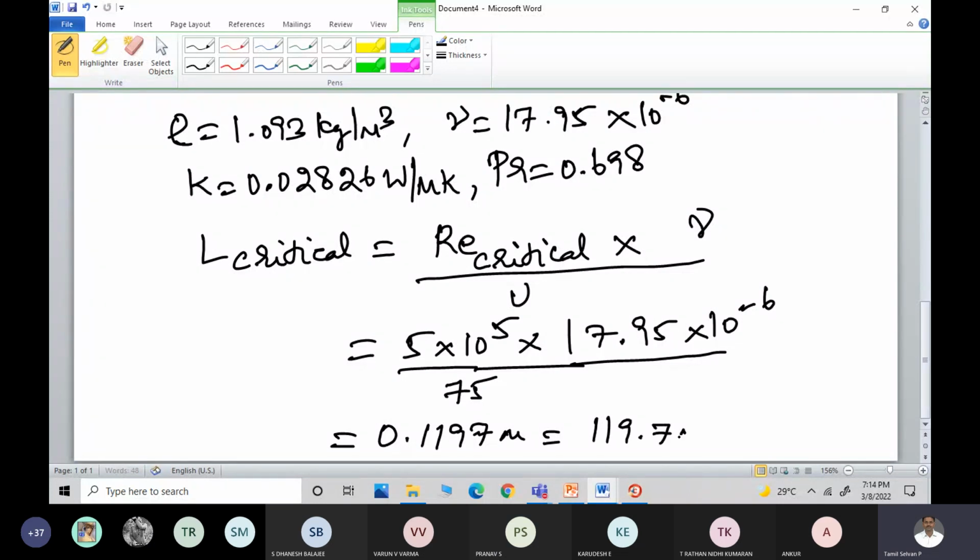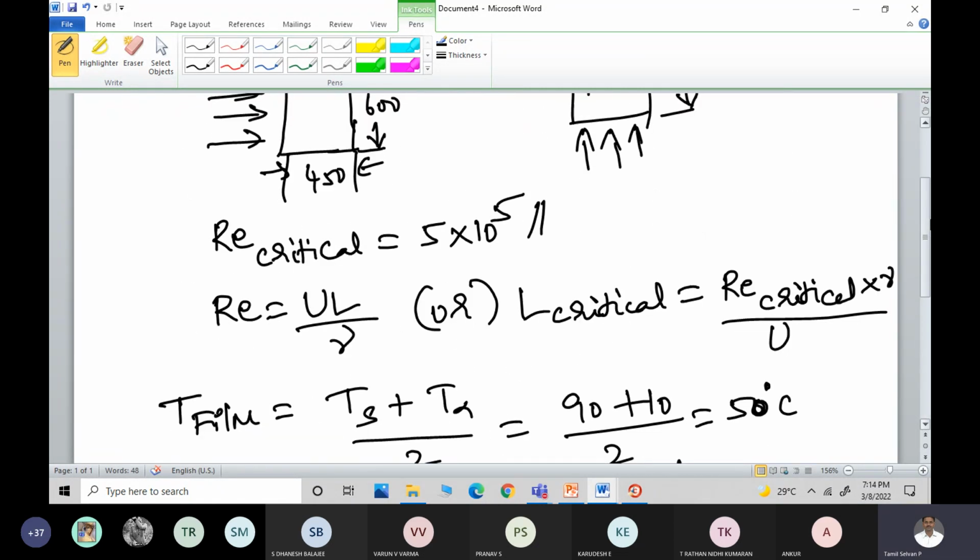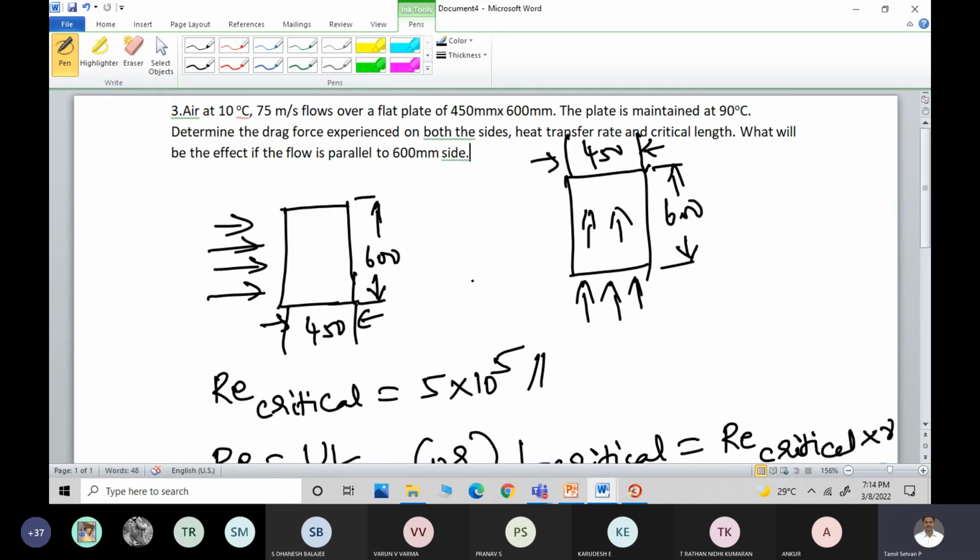So 119.7 mm is the length up to which it is laminar. Out of this 450 mm, up to 119 mm it is laminar, and the remaining part is turbulent.